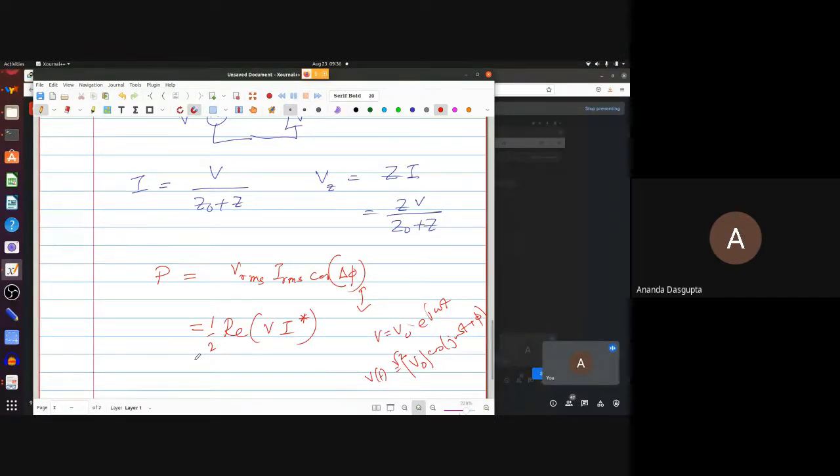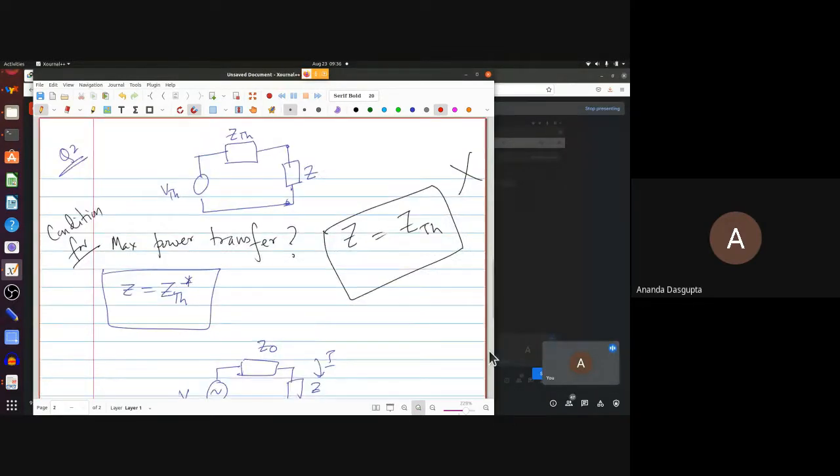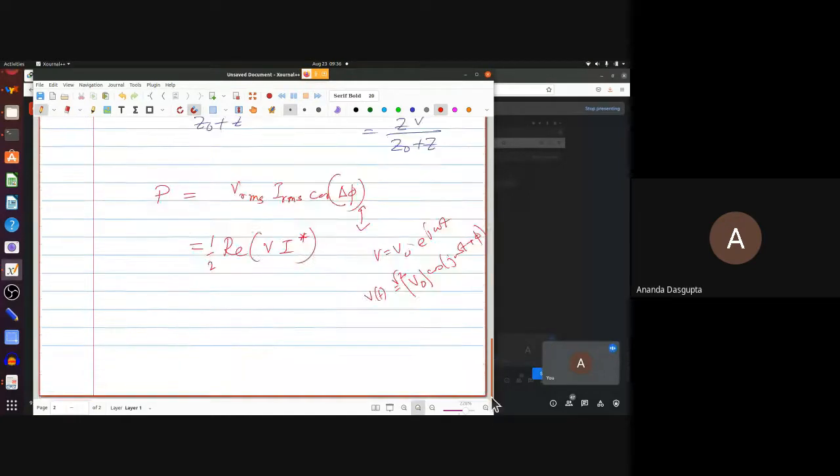So some books have the extra half, some books don't have the extra half. There are two possibilities. One is you say the actual voltage is the real part of the complex voltage. This is what we have been using over the last few days to justify this.